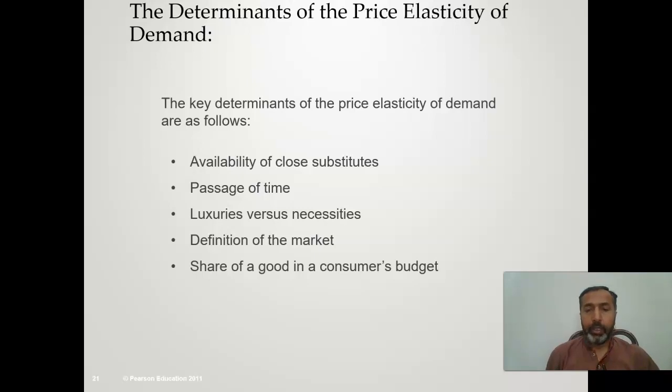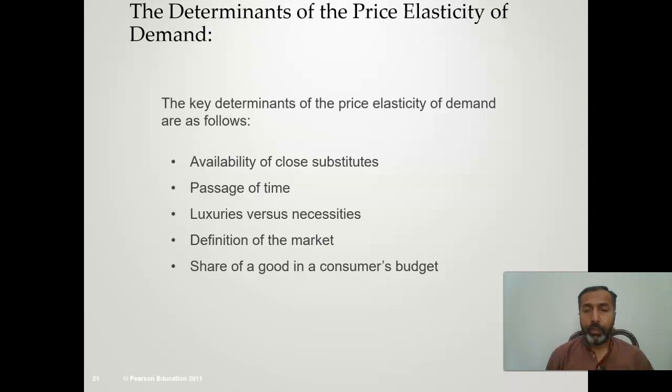For example, if a consumer pays 30% of his income in the form of rent, we will say that rent has a 30% proportion in the consumer budget. And if a consumer uses 1% of his income on grocery or on chocolate, let's say, we will say that the proportion of chocolate in the consumer budget is 1%.